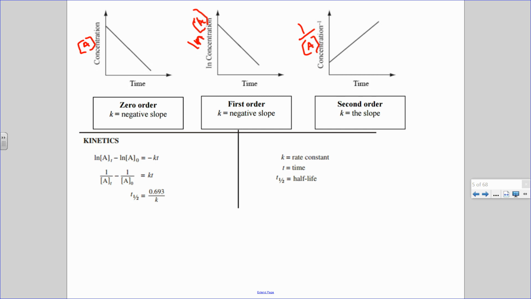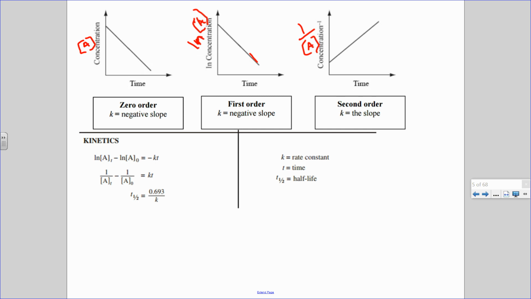You do have to know those, and that will help you out with the rest of the question. You might have to identify which order the reaction is to write the rate law. So if there's one reactant and it has a graph of natural log of concentration versus time that is a straight line, then it's first order, and you can write the rate law. We'll practice with that.